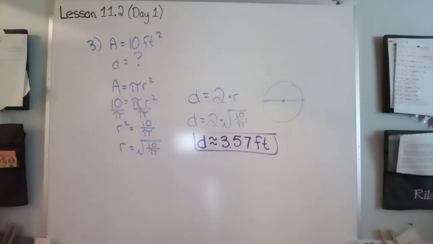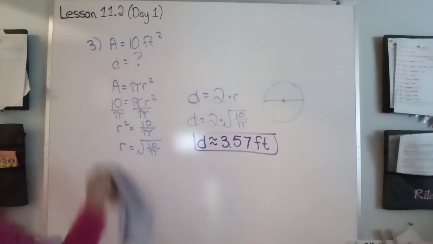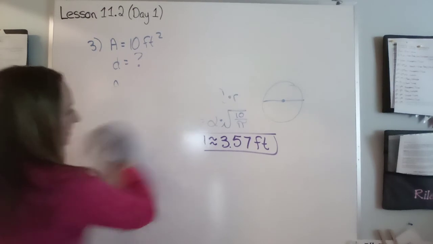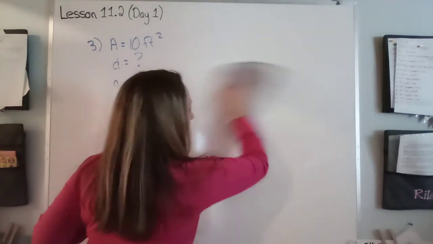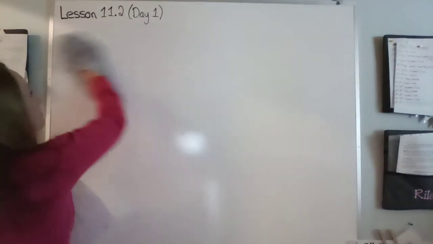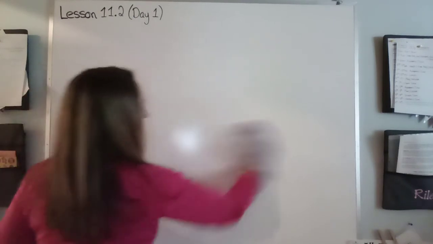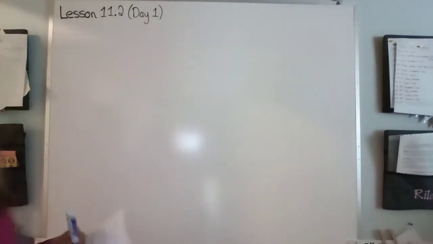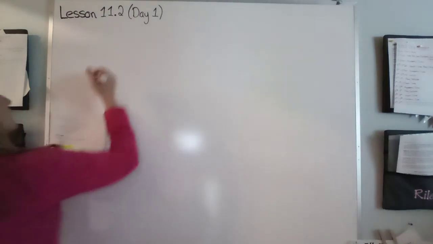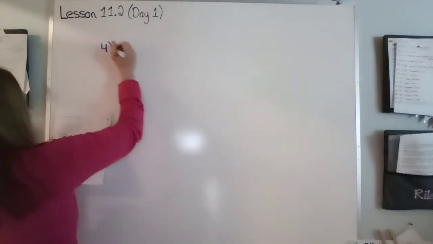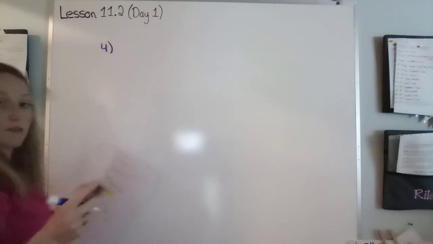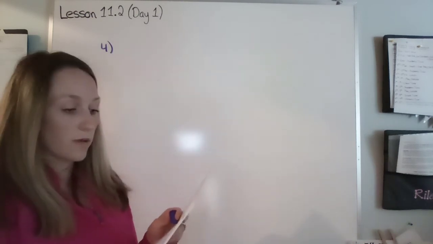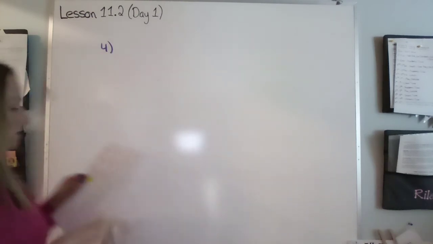And one more of this type before we move on to sector area. So for problem 4 from the notes, it says find the radius of a circle with an area of 65 square centimeters.